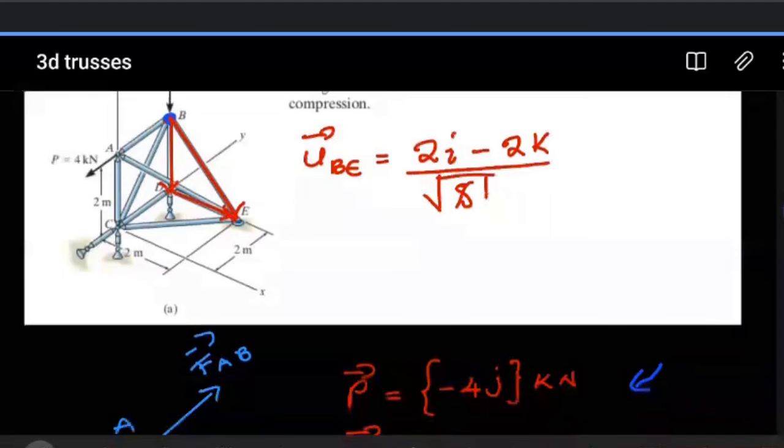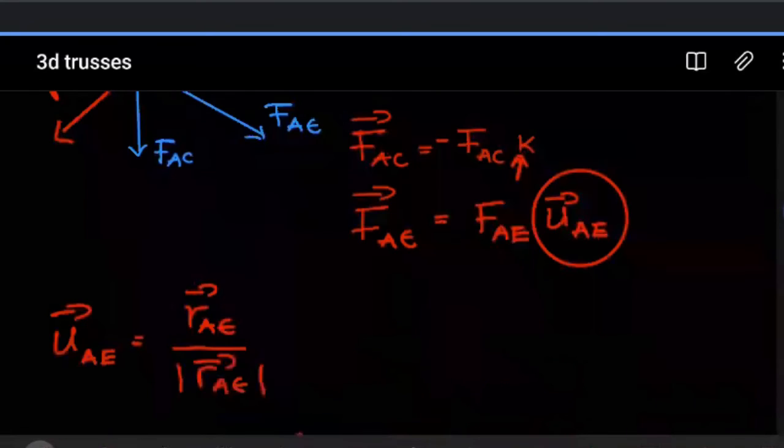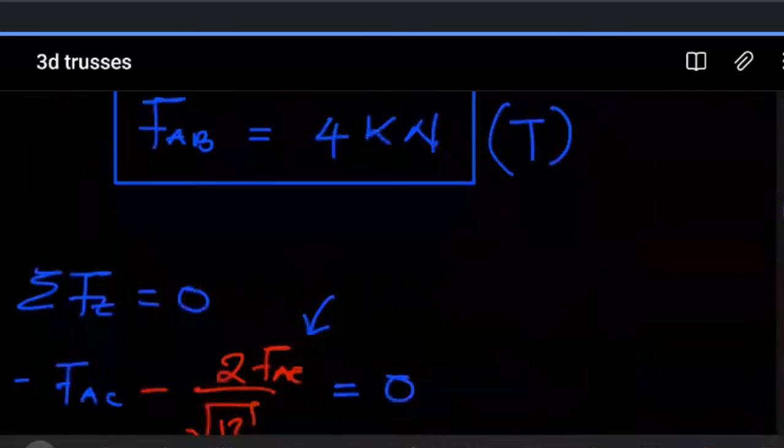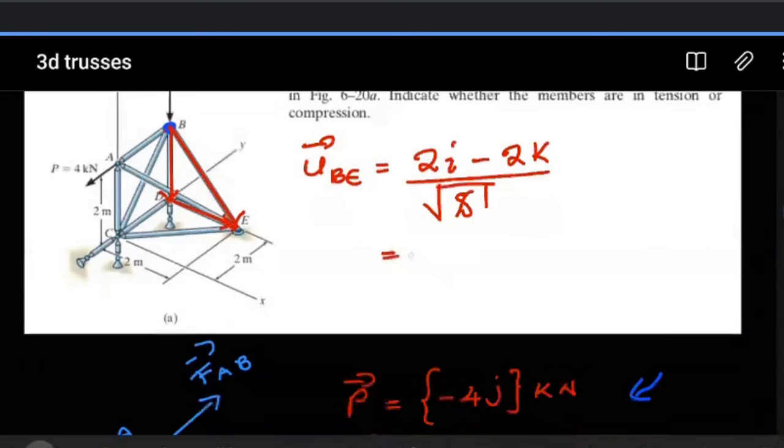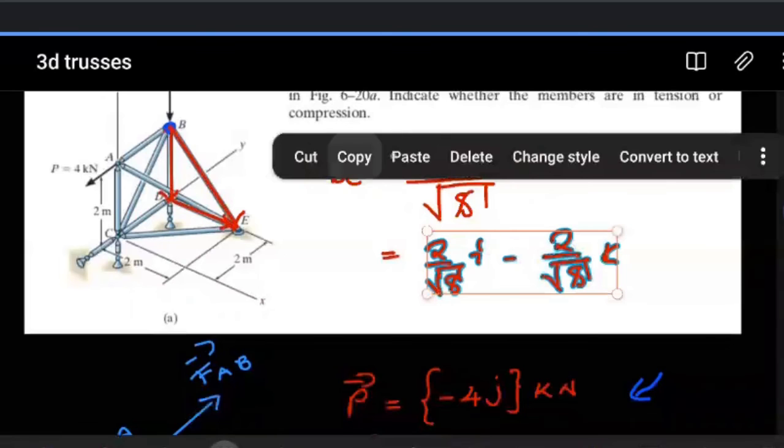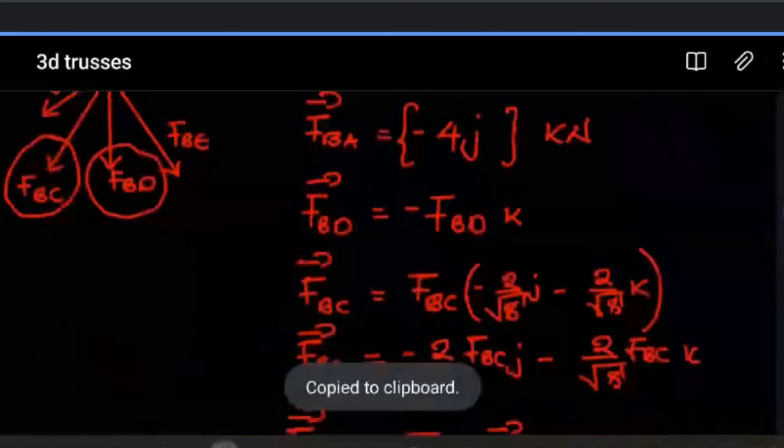So that becomes the unit vector. In the same way, let me just distribute it. So this is 2 over root 8 i minus 2 over root 8 k. So we're done with this as well.